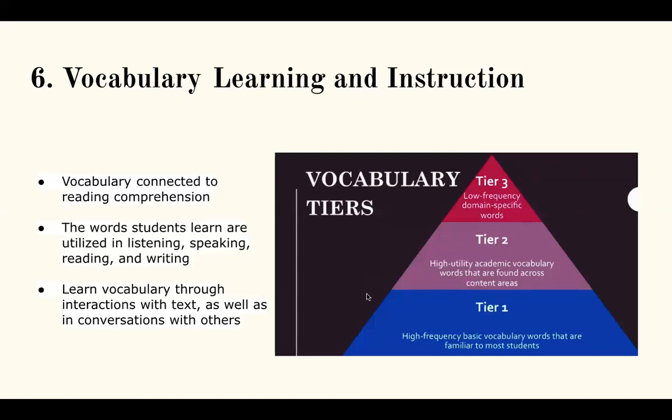So we want to make sure that students have familiarity with tier 1 and tier 2 words, because they'll likely see these words quite often and they're going to help them in a multitude of contexts. So for instance, knowing words like summary and predict, those might be words that students encounter in a literacy specific content area, but also in social studies and also in science and across a multitude of books or text.